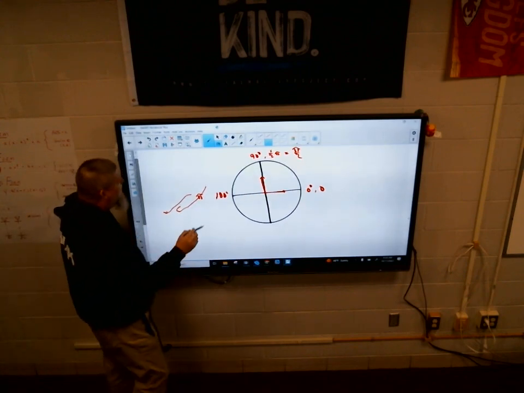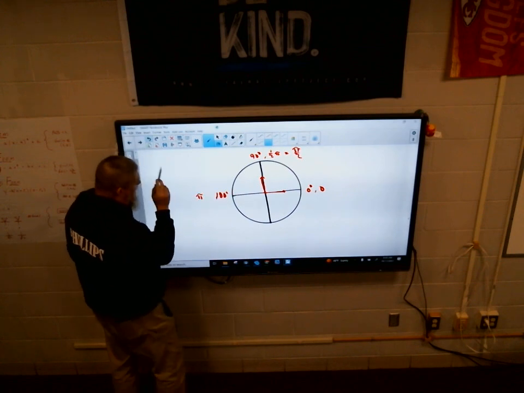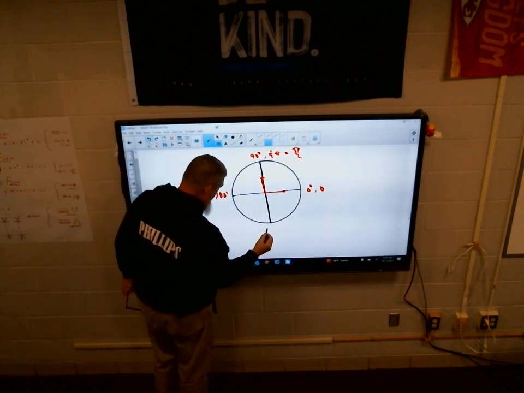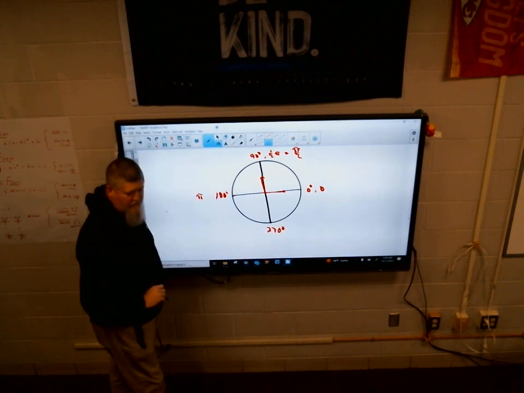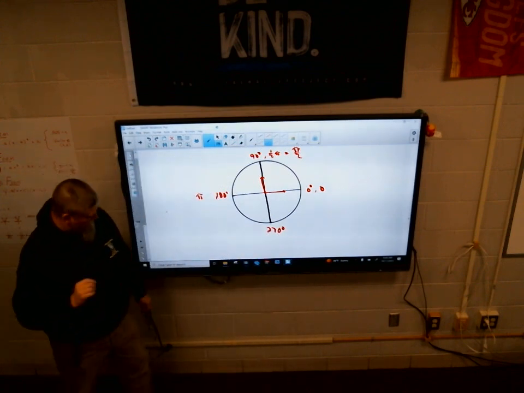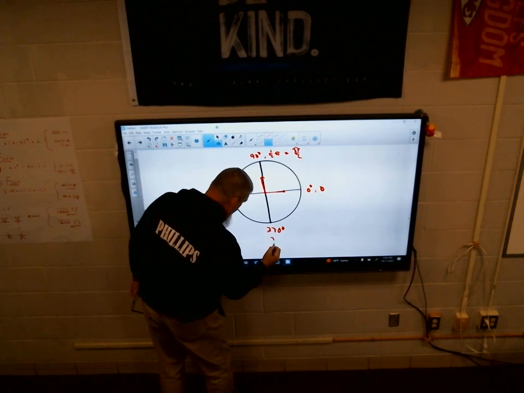All right. So, someone help me out then. What's this one down here? We know this is going to be 270 degrees. What would be the radians? 1 and 1/2, and we're going to call it 3 pi over 2.